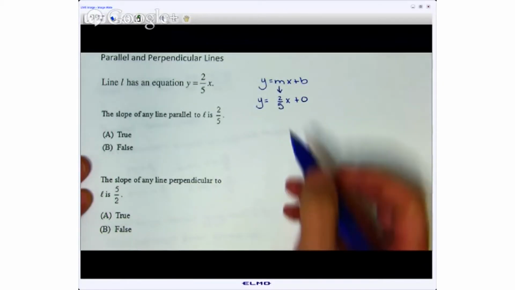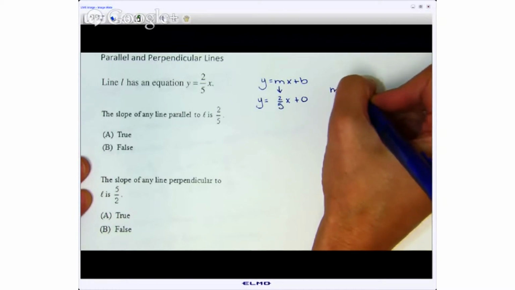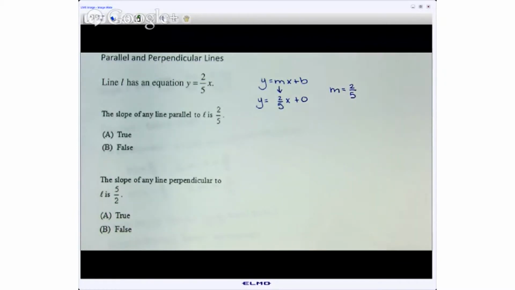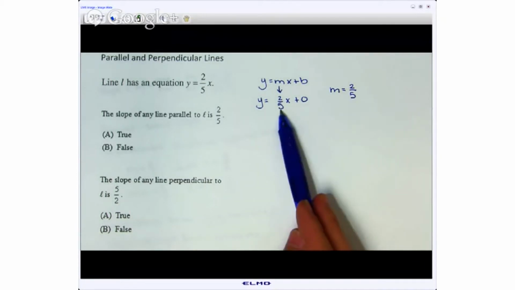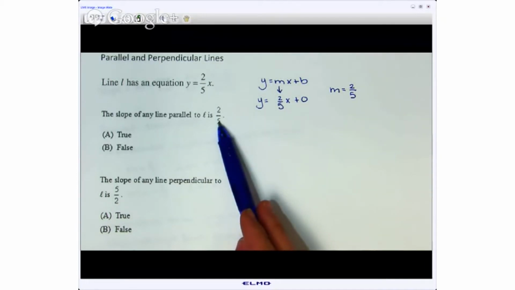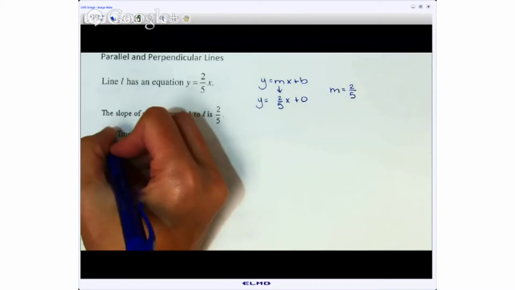So notice, the m is 2/5 on this problem. To look at my first example, the slope of any line parallel to L is 2/5. And we know from our previous lesson that the parallel slope is 2/5. They're equal. Therefore, I know that this is a true statement.